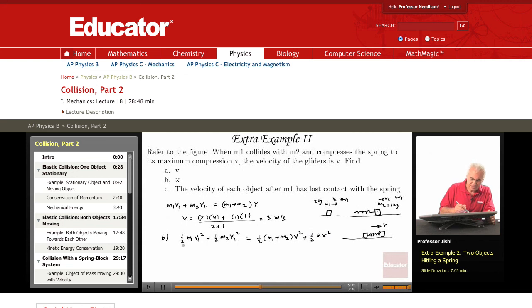So I have half times 2 times 16, which is v1 squared, plus half times 1 times 1 squared, is half times 2 plus 1, which is 3, times v squared, since v is 3, so this is 9, plus half k x squared.